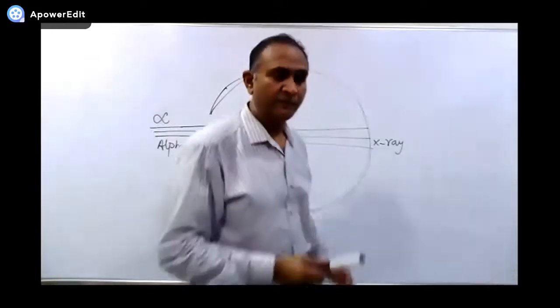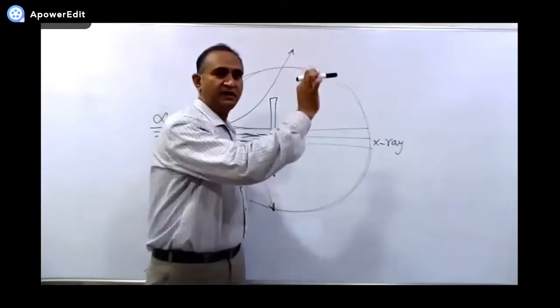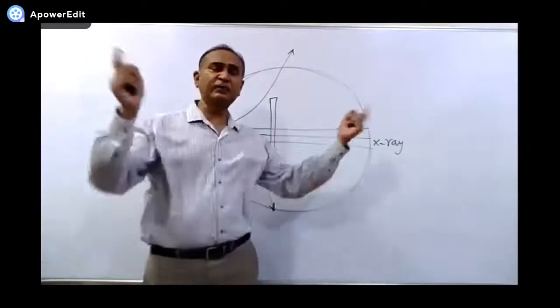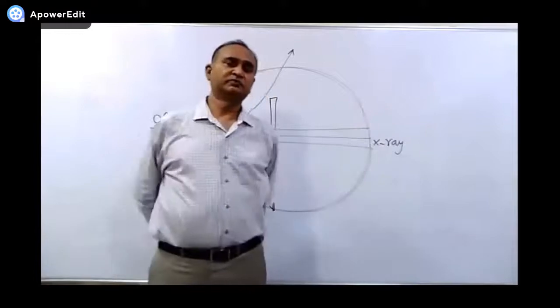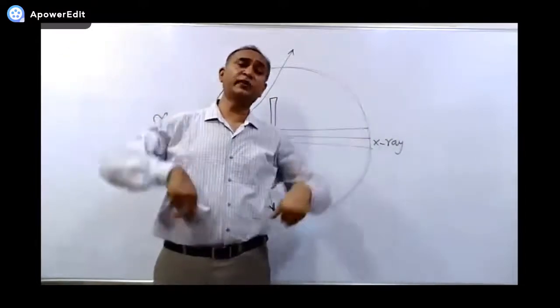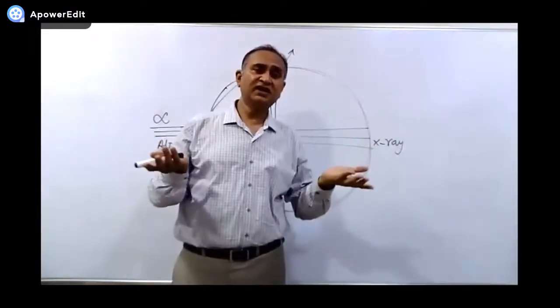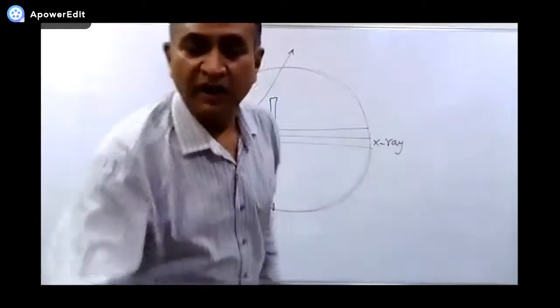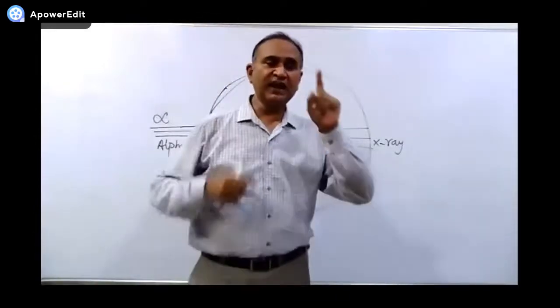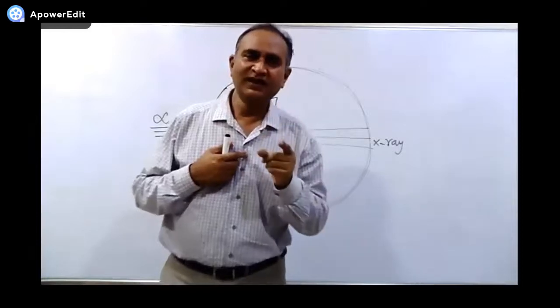Tell me, if I throw this marker in this room, let's suppose this room is an atom. The room is occupying space, but most of the space is empty. So, what is the first conclusion that Mr. Rutherford got?